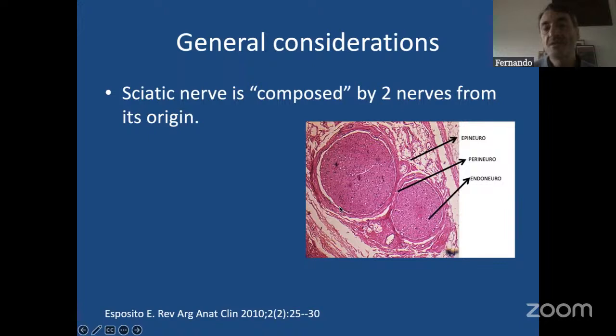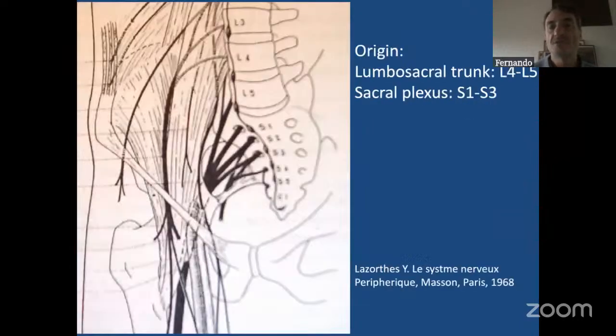So we can see here a histological specimen of the sciatic nerve with the two components, the tibial and the peroneal nerve. And we can see here that there is not only one nerve, but two nerves running together. This is important because it is the origin of the great majority of variations of the nerve.